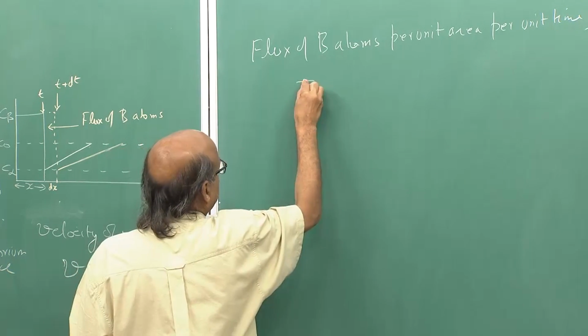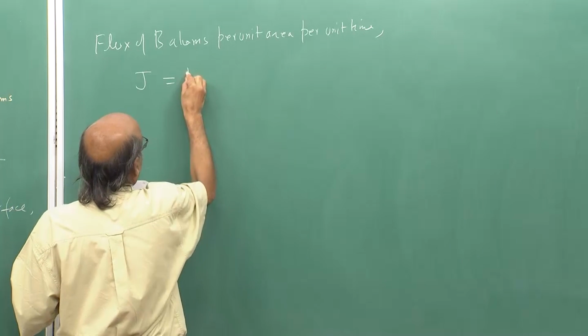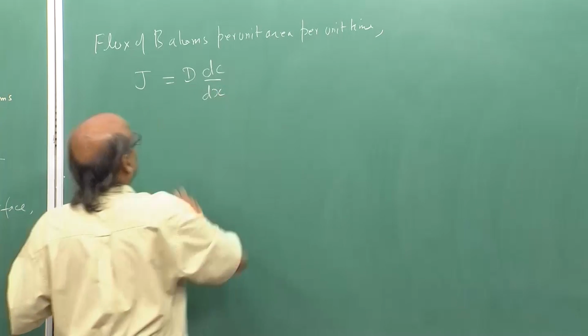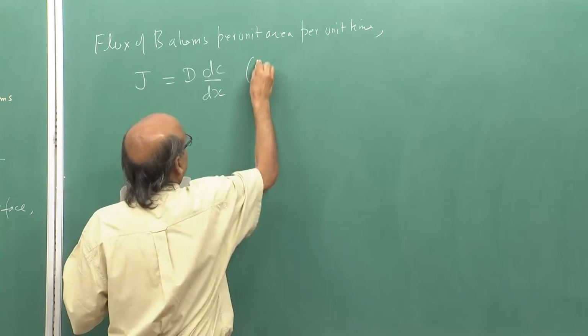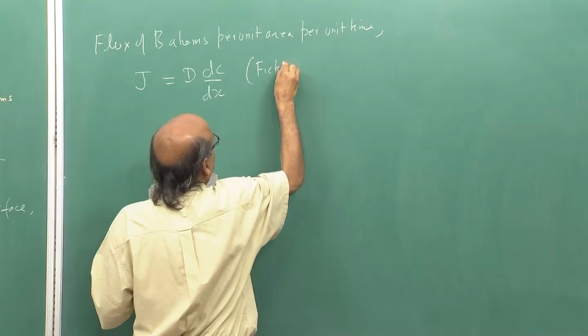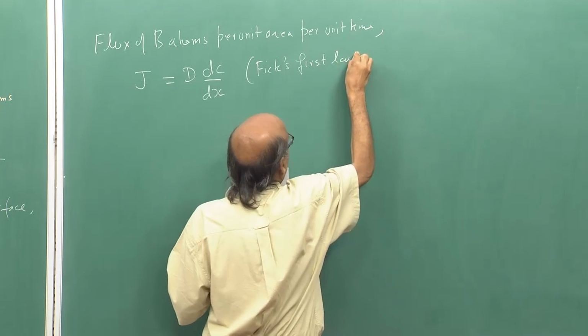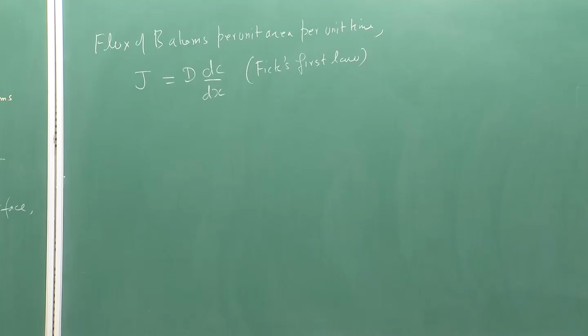If I call that J, then this is given by D dC by dx. Now, what is this relation? This in fact is called Fick's first law, which we will be discussing in subsequent lectures.